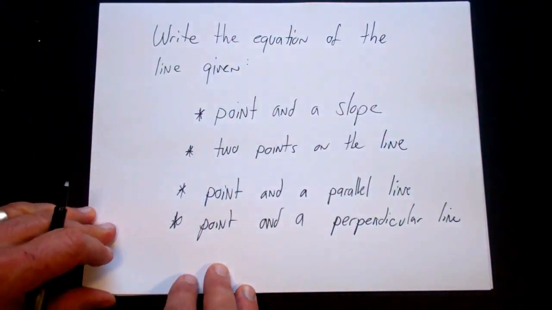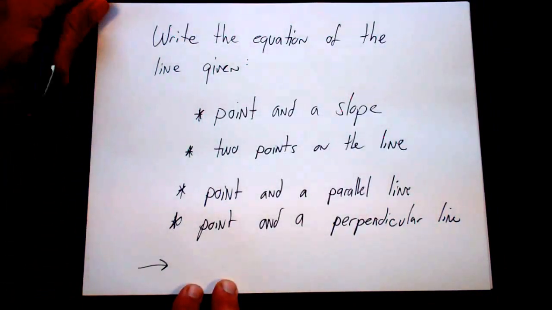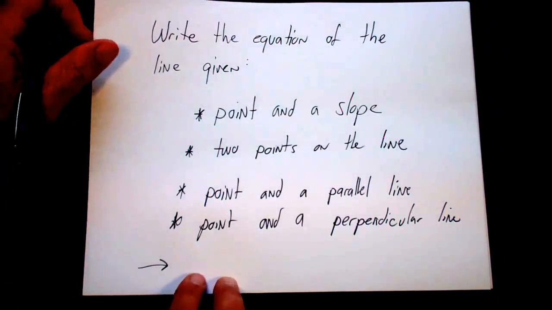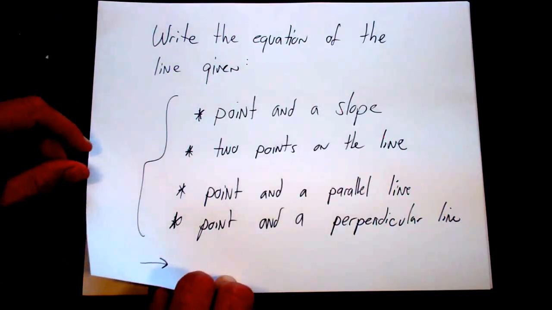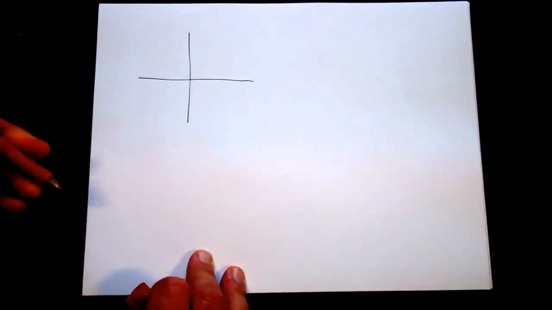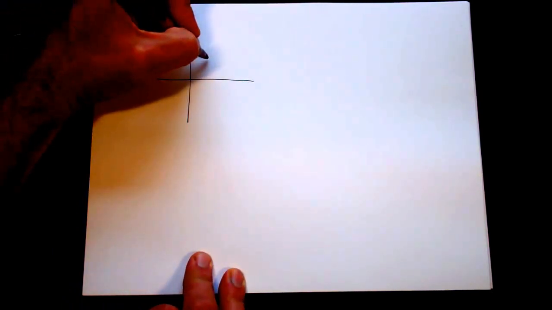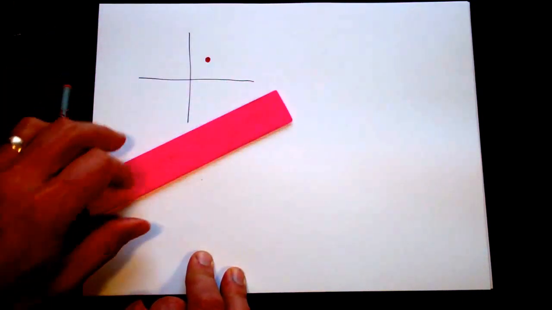So it helps, first of all, then there's a couple of other problems that we'll deal with later in these videos. But the idea of all four of these is it helps essentially to think about what it looks like, right? So let's look at the first one, a point and a slope. So you have an XY graph, and you have that a line goes through a certain point and has a certain slope.